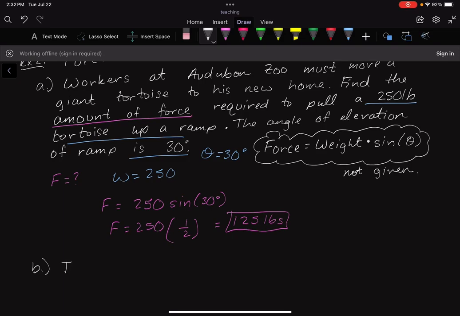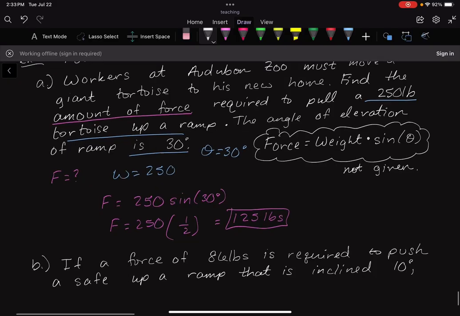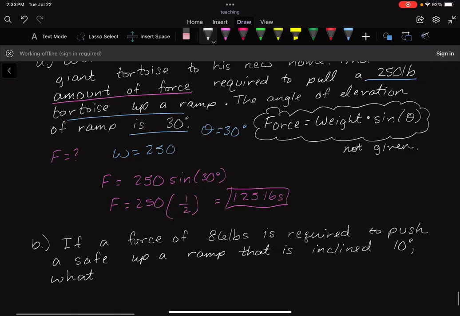Let's do another one. This one says if a force of 86 pounds is required to push a safe up a ramp that is inclined 10 degrees, what is the weight of the safe?